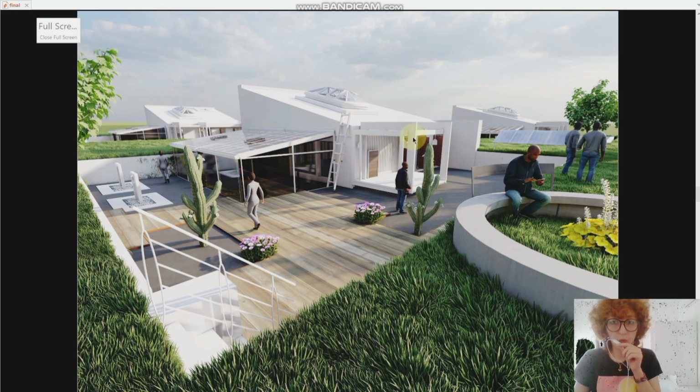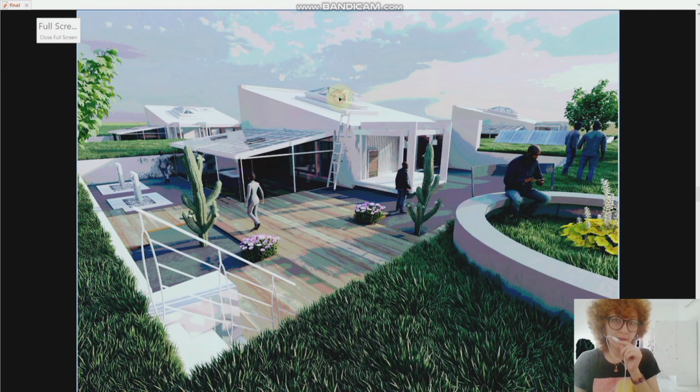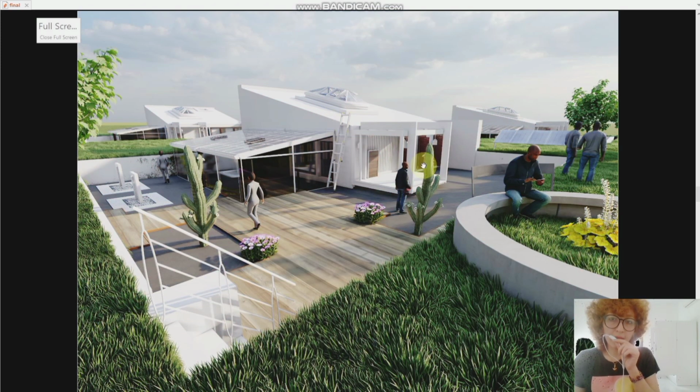For example, this is a porch that can help control the building from wind and sun. This is a courtyard and the sun space that can help keep the building warm, and a skylight also.